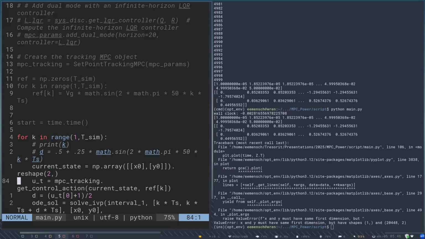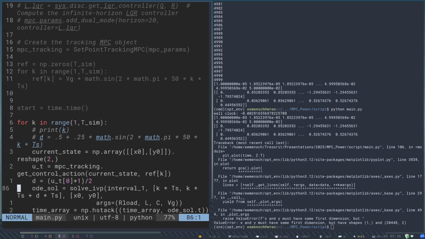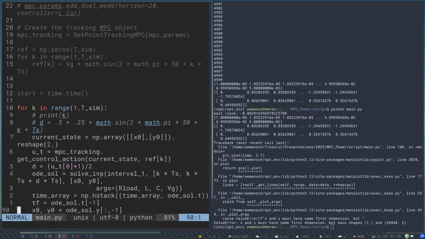And again, remember that the problem is set up using these dynamics, and it's a simple quadratic model now. It's convex. It's as nice as it gets. And then this is just the initial value problem solving for the two intervals with a fixed D at the beginning, because what I'm assuming is that I'm updating the duty cycle at the beginning of its switching interval.